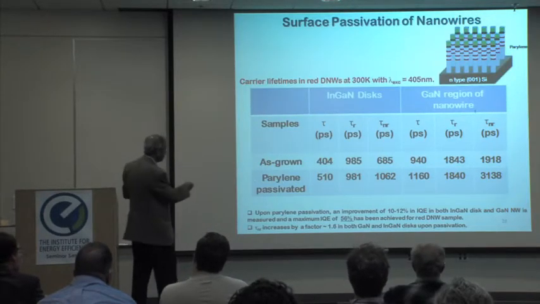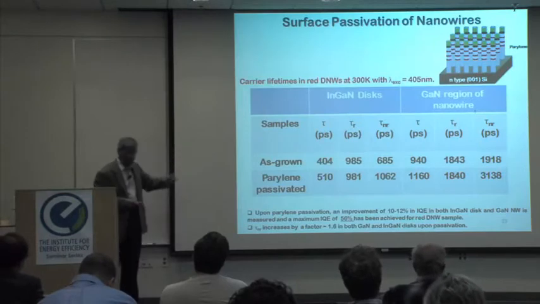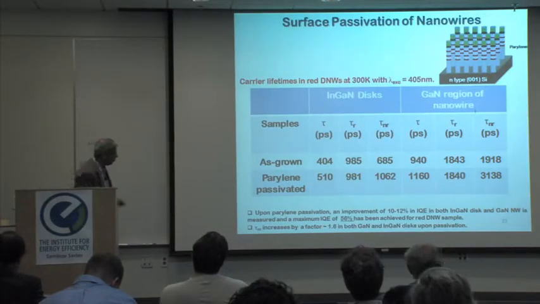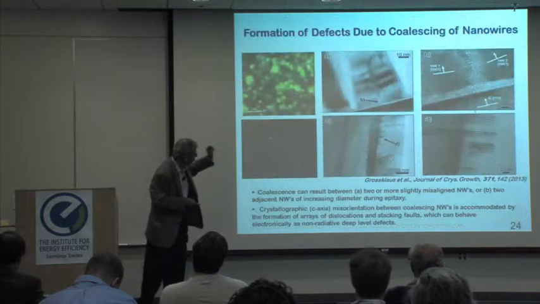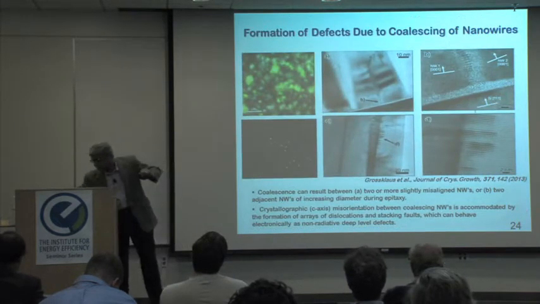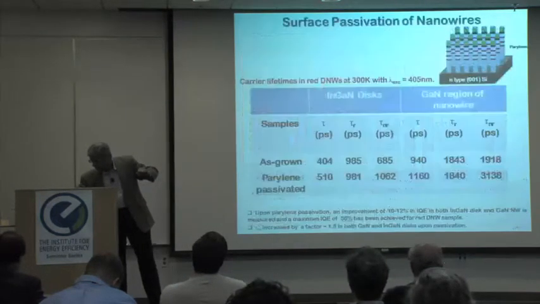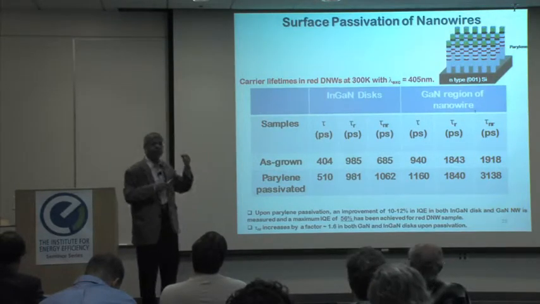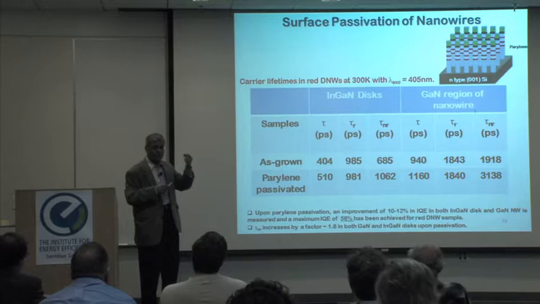and like I said, we monitor everything by doing time resolved and temperature dependent photoluminescence measurements. We measure the radiative, non-radiative lifetimes, and what we see is that both in the disk regions and in the nanowire regions, the enhancement is the same in the quantum efficiency, and that is because the surface to volume ratio is about the same.